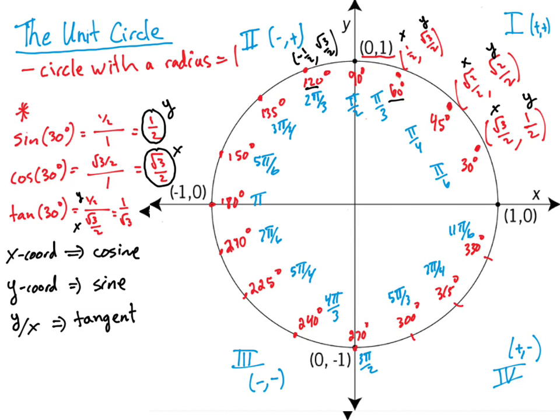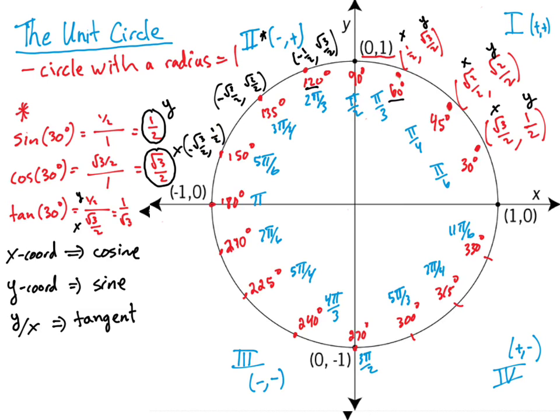This corresponds to what we saw right here, where the x-coordinate is negative and the y-coordinate is positive. So 135 is a reflection of 45, so negative root 2 over 2, positive root 2 over 2. And then 150 degrees is a reflection of 30 degrees, so negative root 3 over 2, positive 1/2.